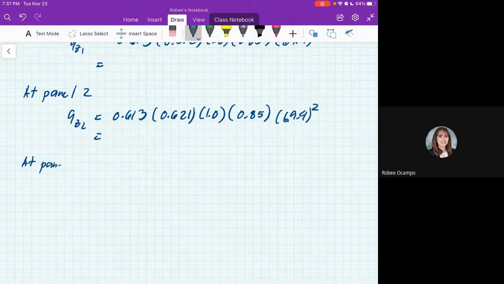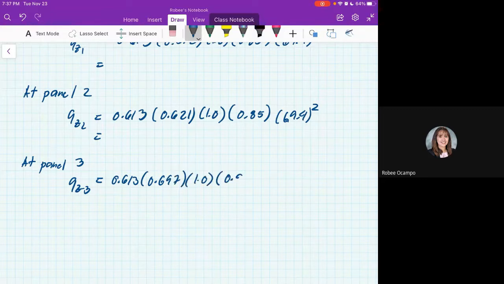At panel 3, QZ3 is 0.613 times 0.697 times 1.0 times 0.85 times 69.4 squared.